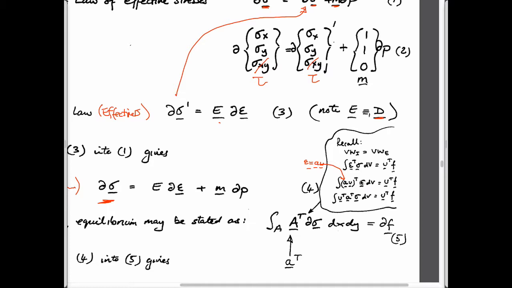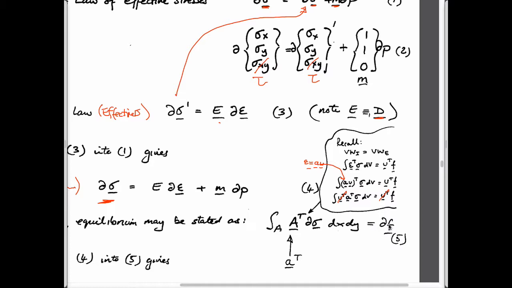And stresses are total stresses here. And the ultimate expression that we ended up with is basically A transpose times total stresses is equal to forces, which is exactly what this expression is. So this expression we used, but we have derived it also.